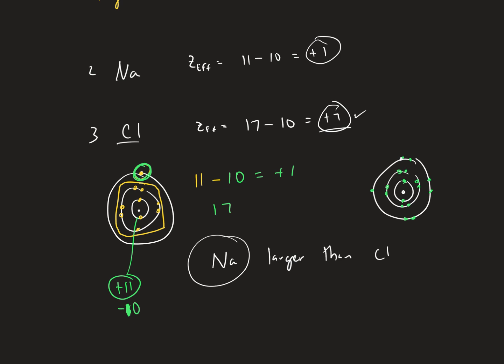Because its atomic number is 17. And we're going to subtract the inner electrons, everything but the valence electrons. That's a total of still 10. And that gives us positive 7. So it has a greater effective nuclear charge.